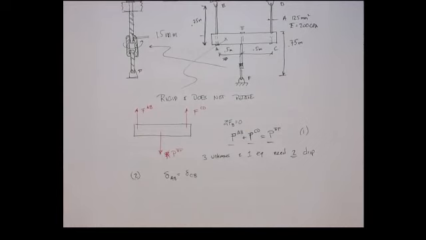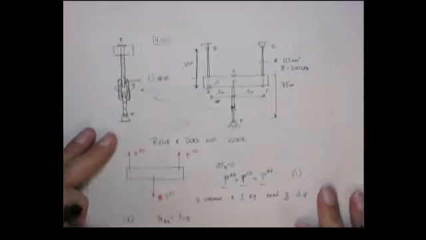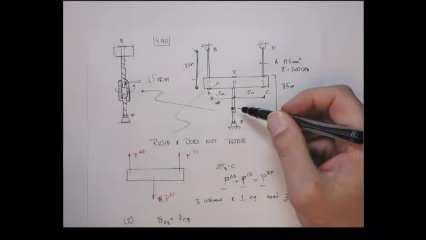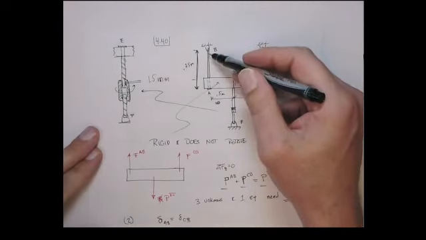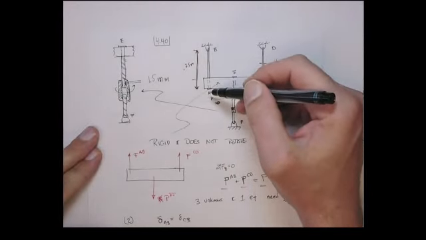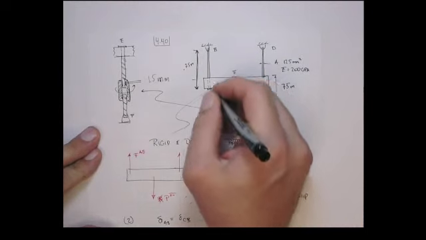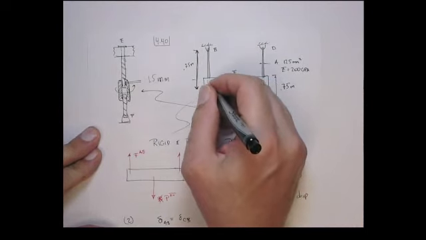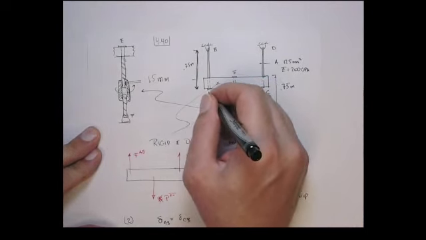So what's going to happen here? Let me try to draw this relatively neatly. So if AB increases, if delta AB is positive, then this line will move down to here. Okay?